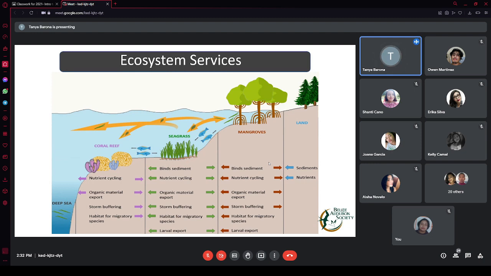Other than that, it acts as storm buffering. It's a habitat for migratory species. Here at Audubon, we monitor migration of birds from North and South America, and some of them settle in the mangroves when they come from North America during the wintering season. Some go inland and further south, but the mangroves are important for that reason.